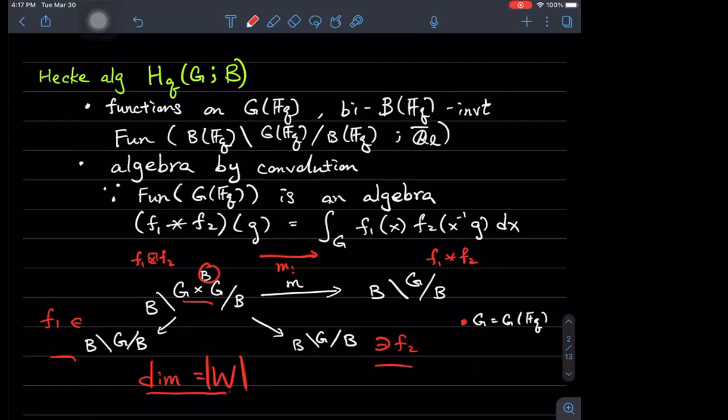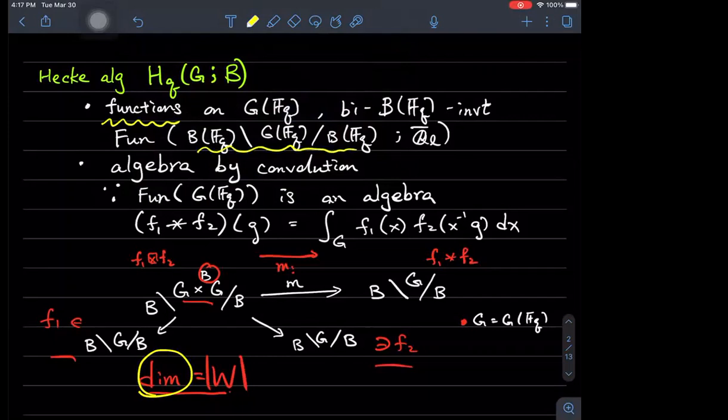Excuse me, just an ignorant question. When you say dimension, are you thinking of these as algebraic groups or varieties? I'm a little confused by your notation, G cross over B G. Is that an incidence variety, or what exactly is that? First of all, it's not a variety, it's just a set. Okay, so the dimension here is that of the functions on the double coset.